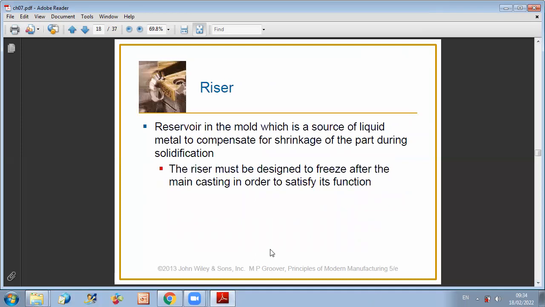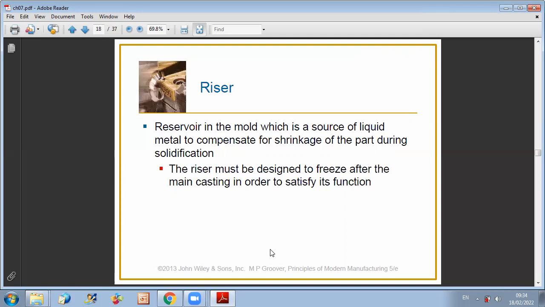Now, what about the riser? We said that the riser is a reservoir in the mold, which is a source of liquid metal to compensate for shrinkage of the part during solidification. Another purpose of it is to avoid formation of voids within your final product. The idea is that shrinkage will take place. One of the strategies to account for it is to oversize the mold cavity.